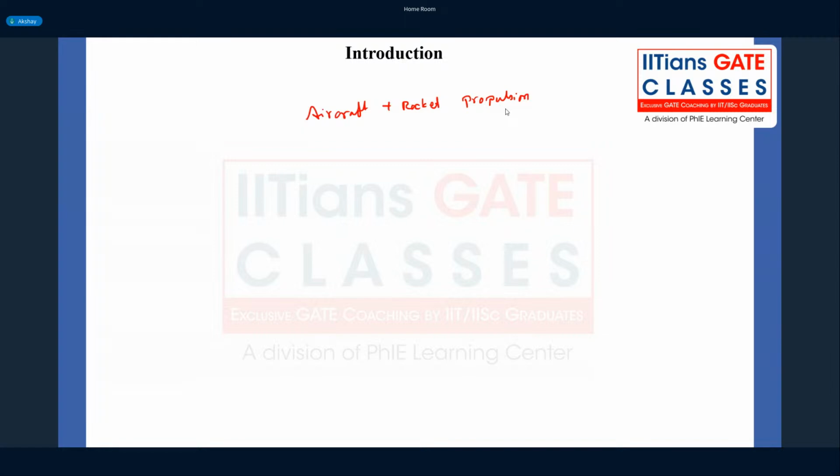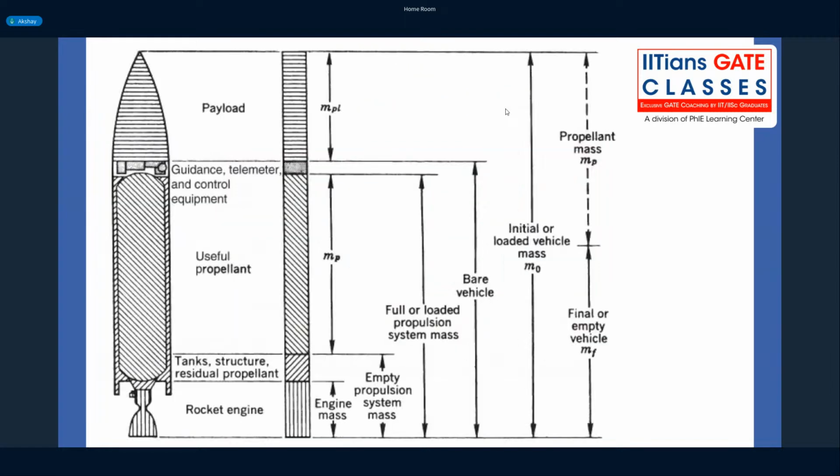Usually when it comes to a rocket, we will see a lot of mass distribution. A rocket is a very huge structure. We will be carrying propellants that will be burnt during the flight, and that will give you the thrust. There is a structure that is carrying all these propellants, electronic systems, as well as the payload.